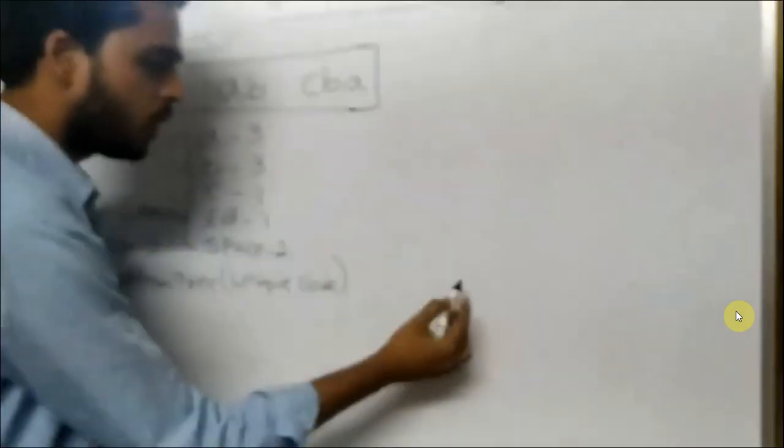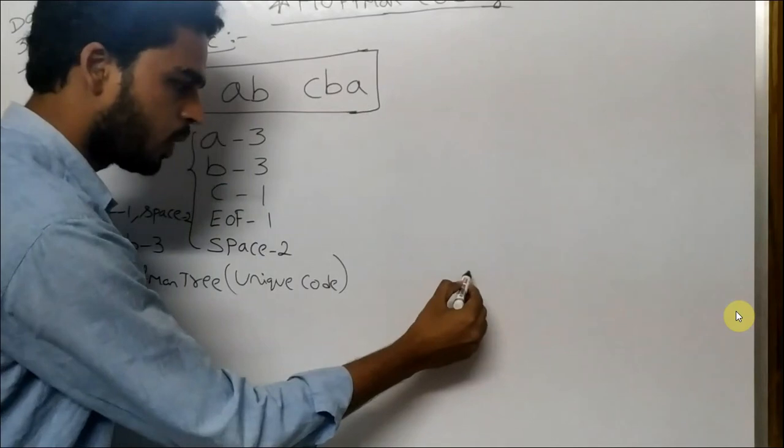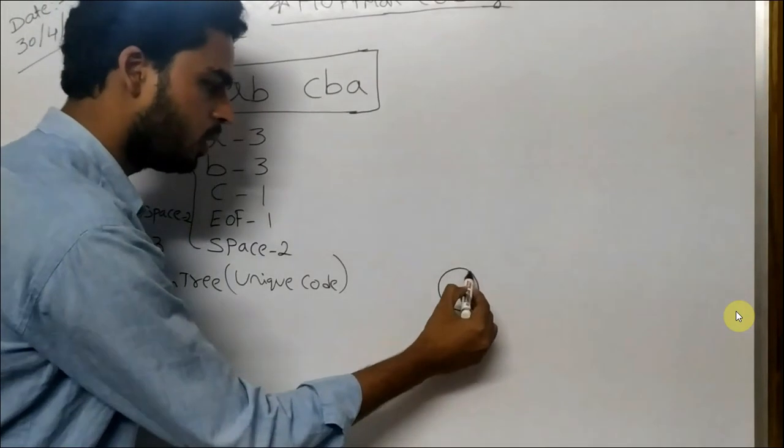And in the third step, you need to construct a Huffman tree, right? Why am I going to construct a Huffman tree? To generate unique code for all these characters, right? So while constructing a Huffman tree, you are going to create a node.